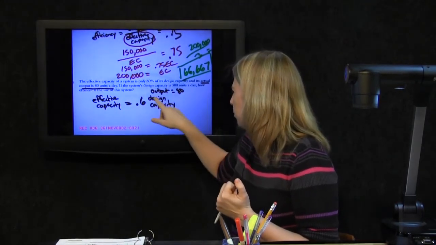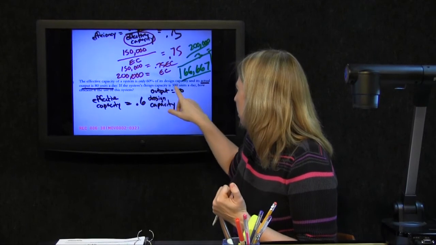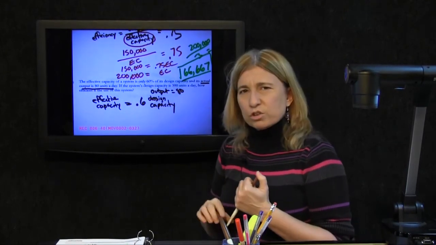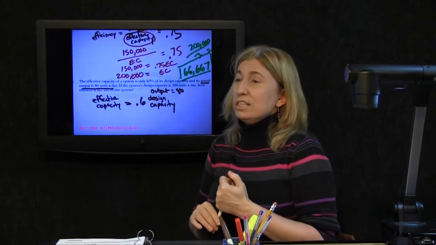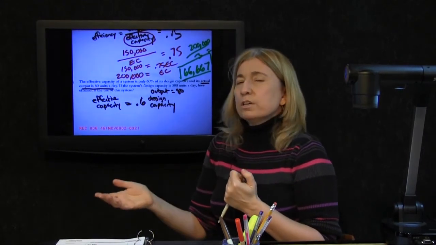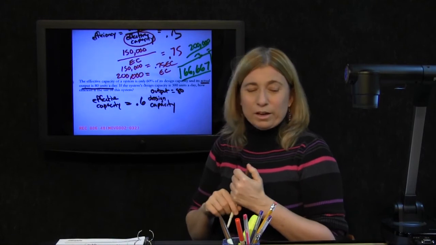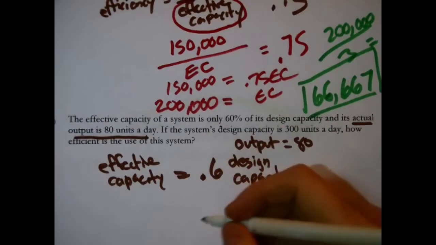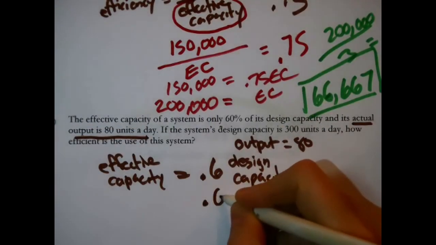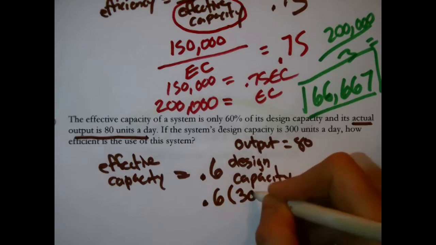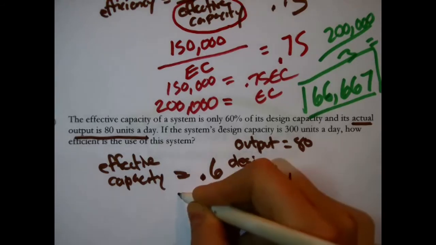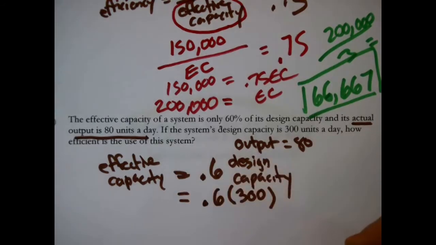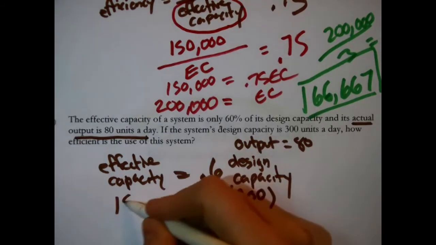But design capacity was given, it's 300. You don't need design capacity to calculate efficiency normally, because efficiency is output over effective capacity. But in this case, we do need it to track down what the effective capacity would be. 0.6 times 300, I get 180.